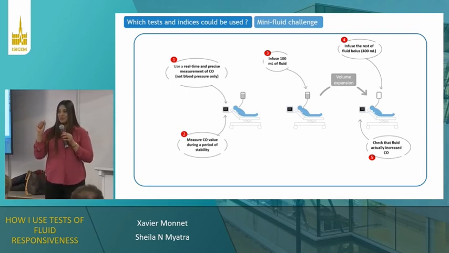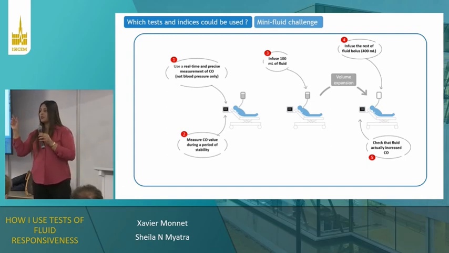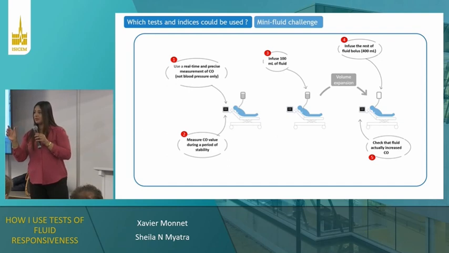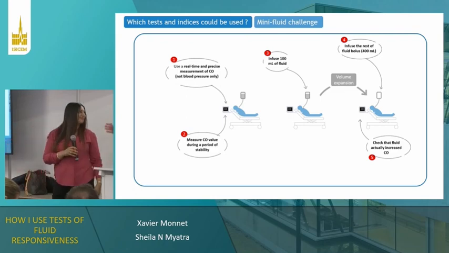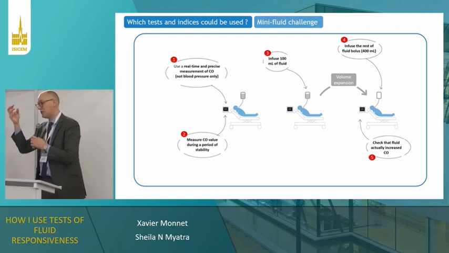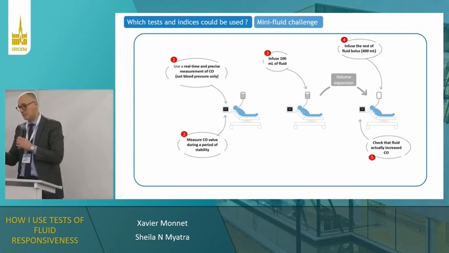You have to be a real expert in echocardiography. The other argument would be that you're not doing just one. Though it's a small volume, it's not 500 ml that we're giving. If you repeatedly do it, you're still giving volume to this patient. That might be quite a bit if you're doing it 3-4 times, right? In a non-responder.